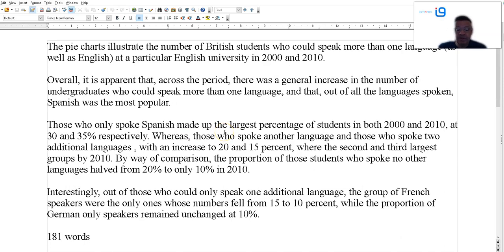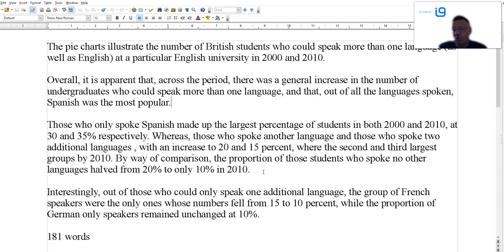And then we need to do comparisons, figures and details. So, it makes sense to start with the largest first. Now, I keep having to say this every time I make a video when I'm looking at other people's work. Often what they tend to do is they don't understand or have a clear structure to put the information down.